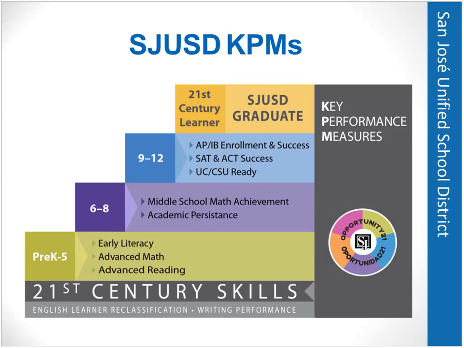So as a part of the development of our strategic plan, we also articulated a series of key performance measures when we were doing a lot of our initial research about how we wanted to track our progress as an organization, what kind of strategies we wanted to build in order to check for progress and provide support along the way.